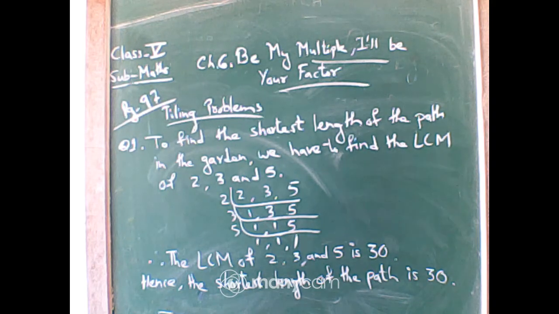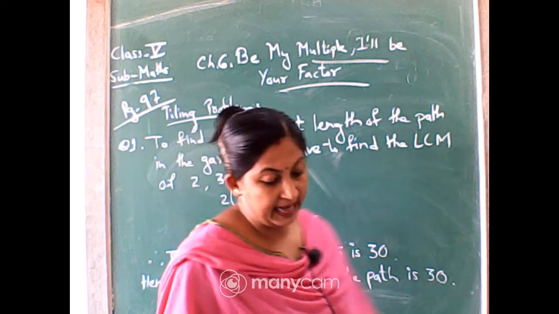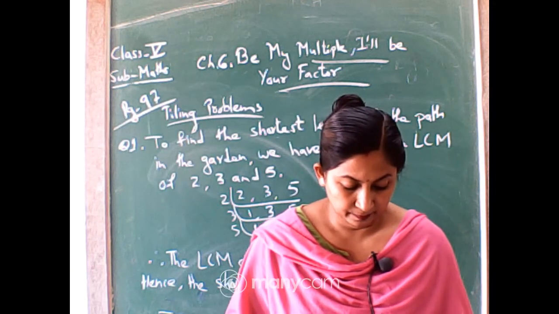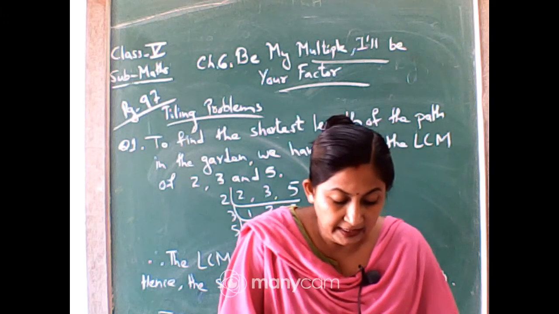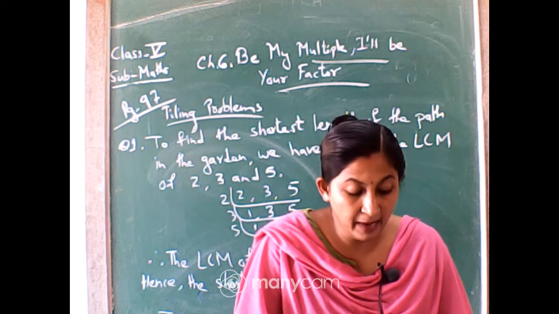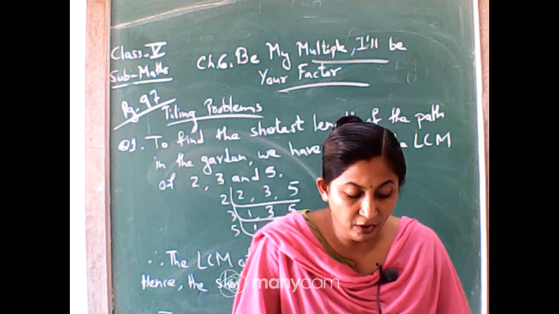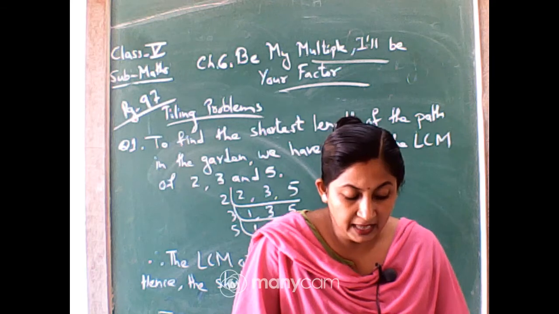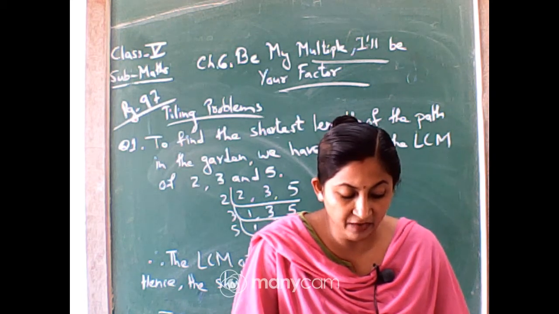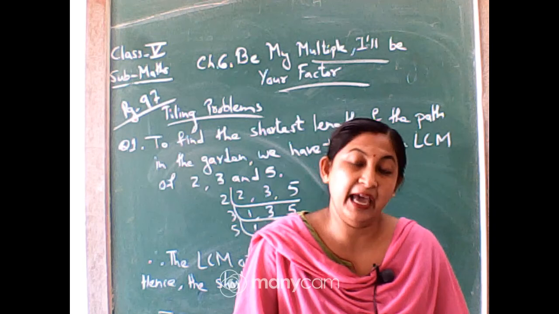So for question number 2, you have to find the factors of 9 and 12. See, as it is given, the size of the room is 9 feet by 12 feet, isn't it? And the tiles available in the market are 1 foot by 1 foot, 2 feet by 2 feet and 3 feet by 3 feet. Now the size of the tile that he can choose to lay without cutting should be the factor of 9 and 12.